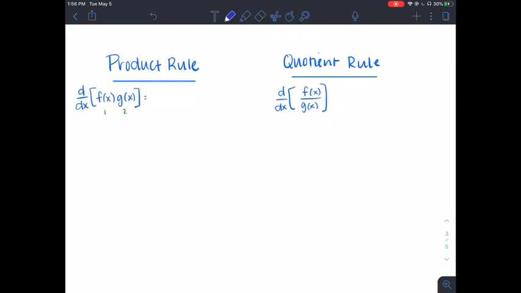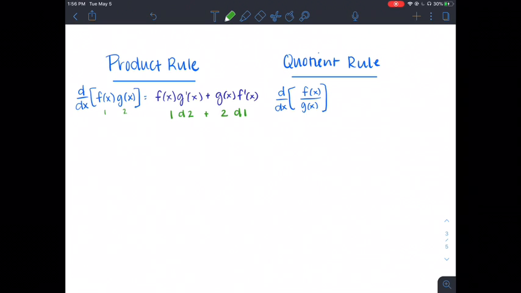In function notation, I'm going to write f of x times g prime of x plus g of x times f prime of x, which is all fine and good, but it's not the easiest way to remember it. The easier way is to say this is 1 d2 plus 2 d1. And there's your product rule.